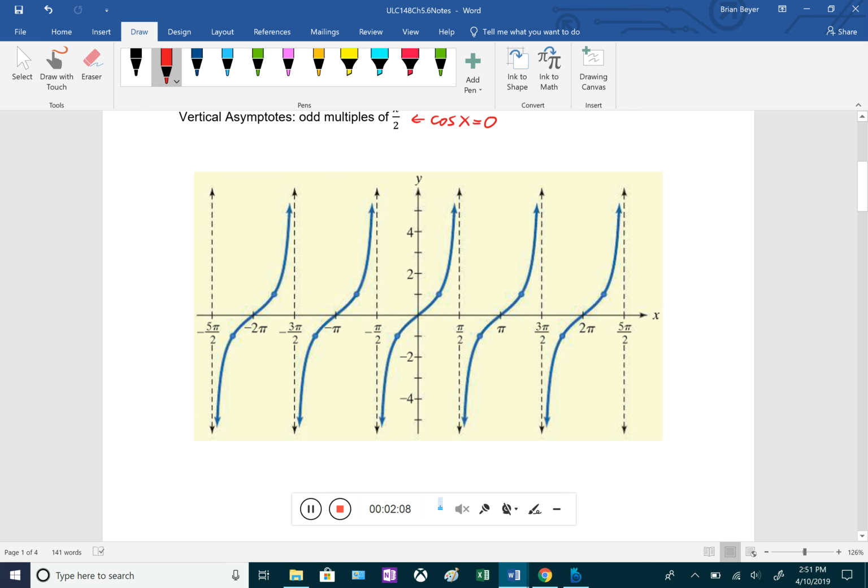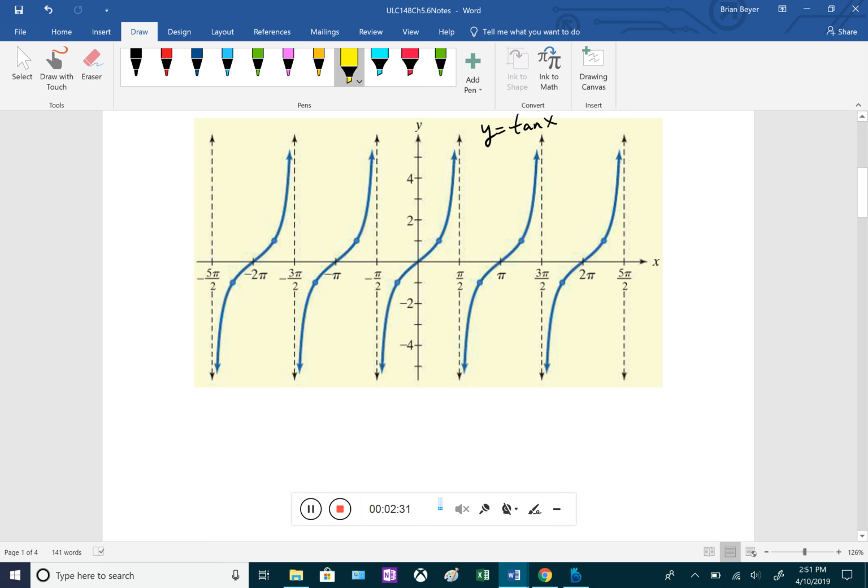So here is y equals tangent of x. We can see the x-intercepts are integer multiples of pi. We can see that the asymptotes are odd integer multiples of pi over 2. And we have this shape that repeats itself over and over again for a period of pi radians.